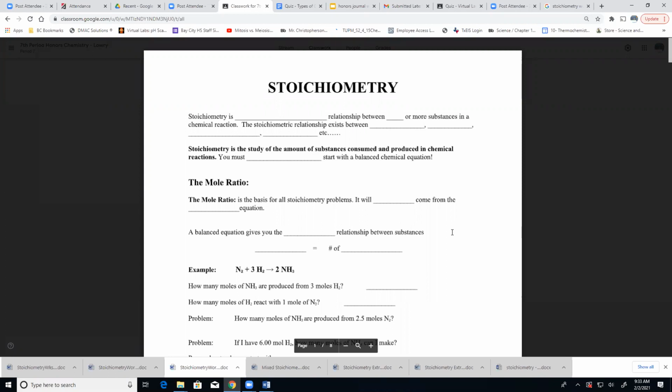So under stoichiometry, it should say stoichiometry is a proportional. That's your first blank. Proportional relationship between two or more substances in a chemical equation.